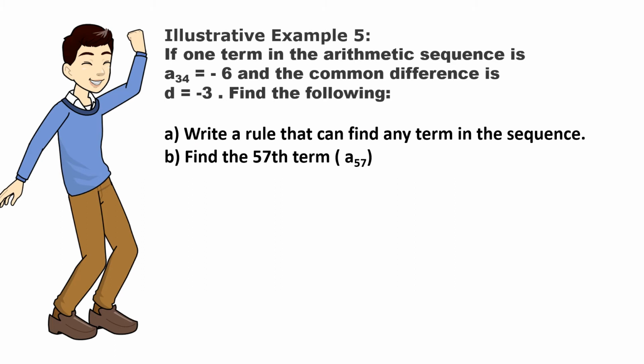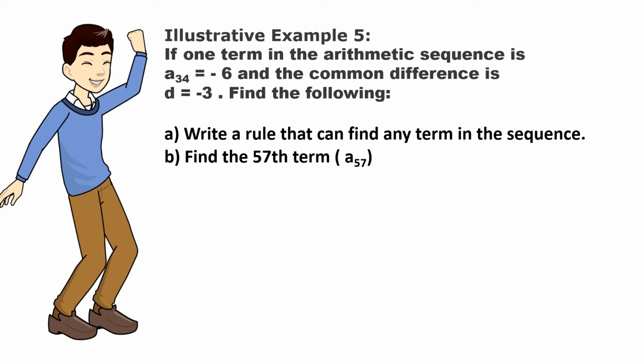Next, for our illustrative example number 5, if one term of the arithmetic sequence is A sub 32 is negative 6, and the common difference is negative 3. So letter A, write the rule that can find any term in a sequence.